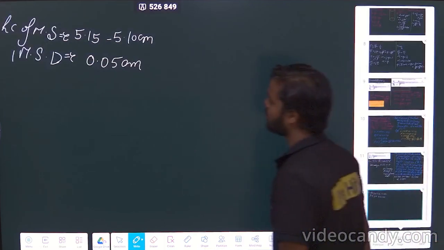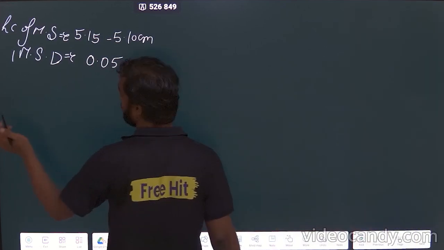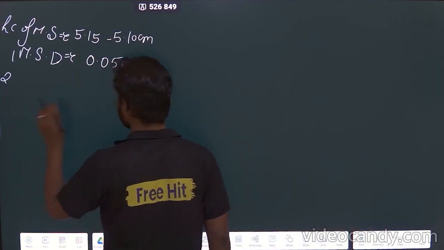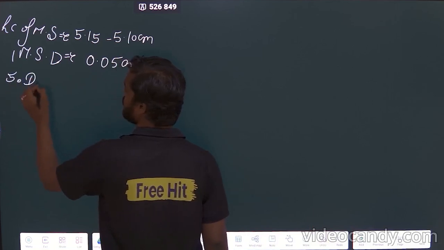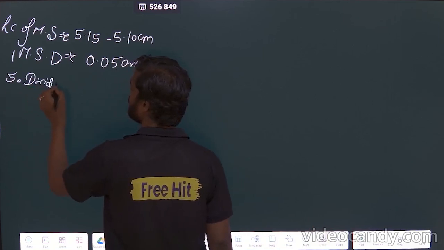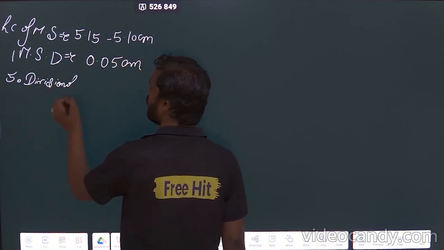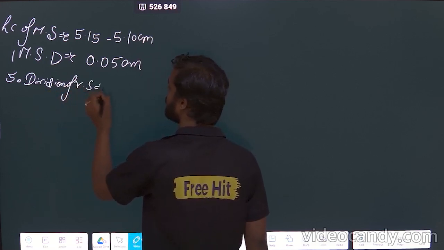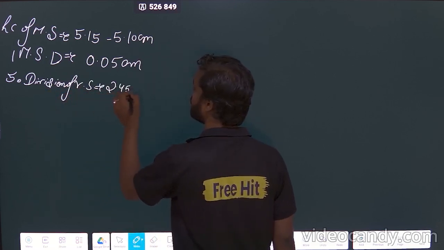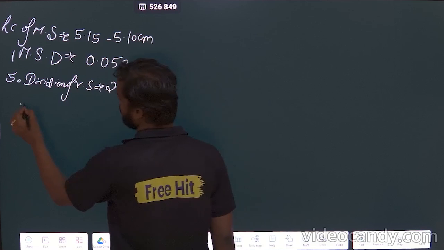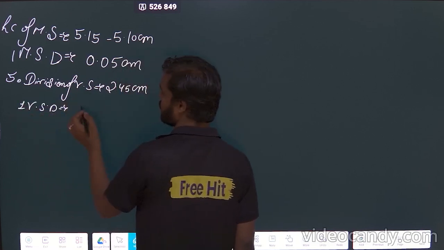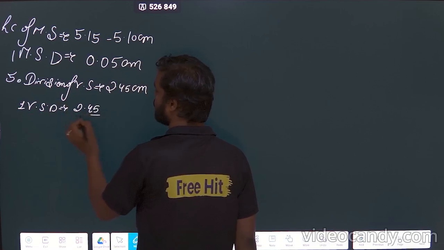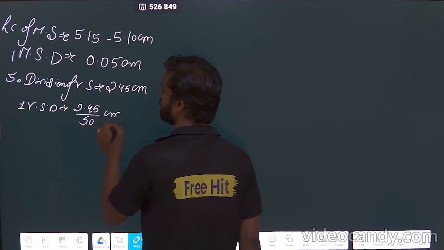So it is saying my 50 divisions of vernier scale is equal to 2.45. So can I say my 1 VSD, that is vernier scale division, should be equal to 2.45 divided by 50 centimeter, yes or no?